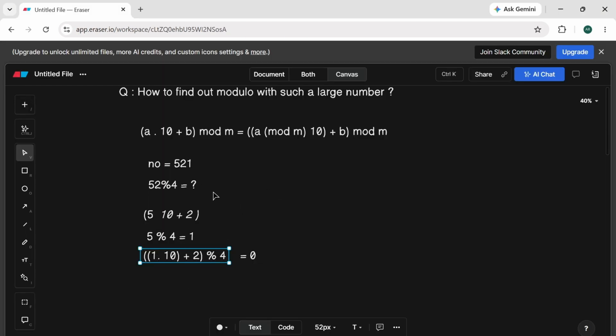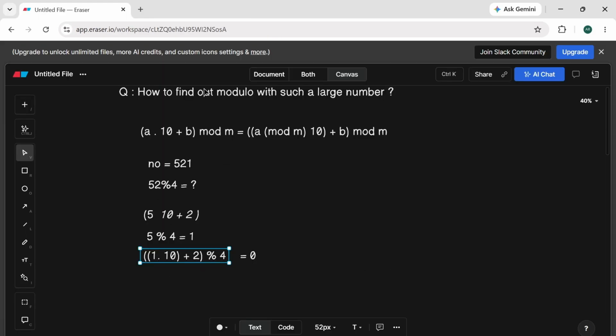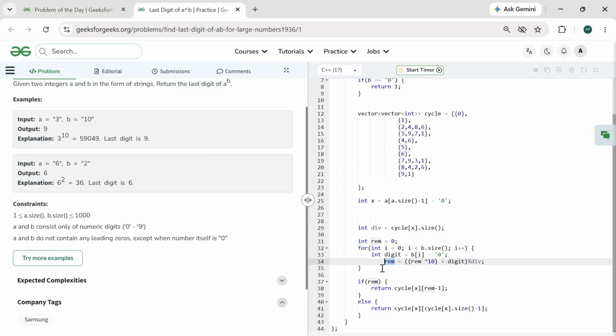Finally you will have the remainder of this giant string. Once you have the remainder, you simply take the remainder minus 1, because your actual answer is present at the remainder minus 1 index in the final array.